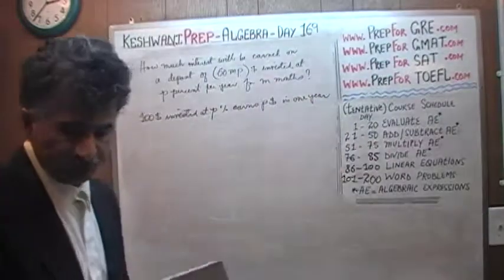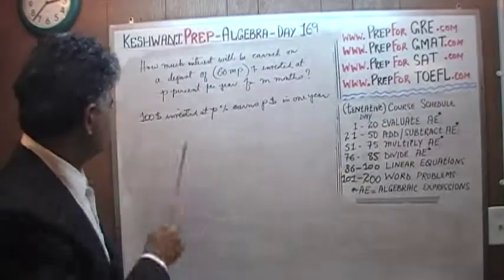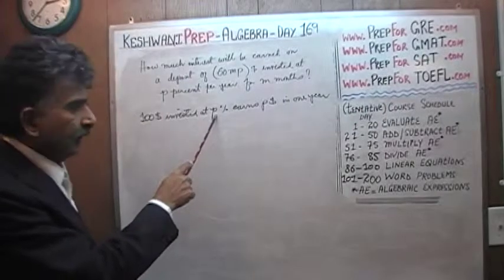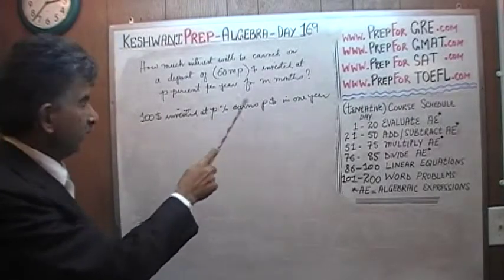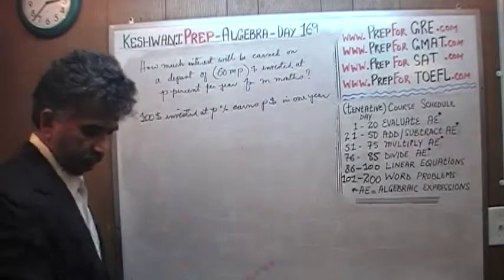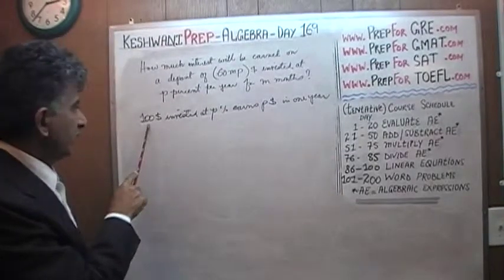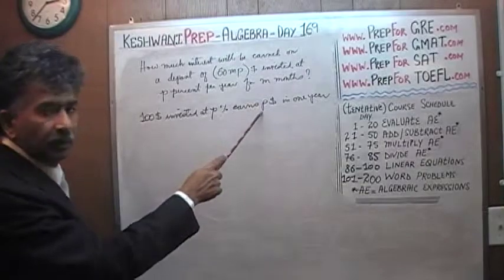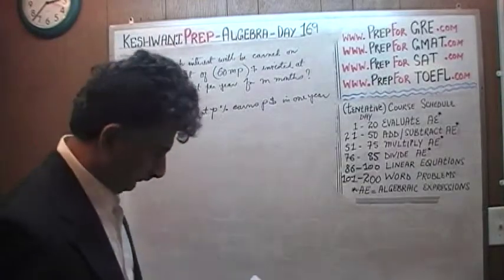That's why it's called P%. P% means if I invest $100 at 7%, I will earn $7 at the end of the year. If I invest $100 at 12%, I will earn $12 and so on and so forth. So if I invest $100 at P%, we should earn P dollars in 1 year.